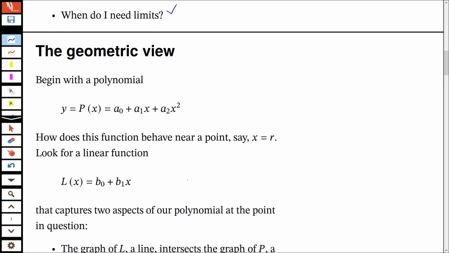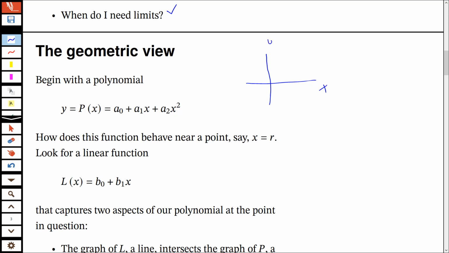So the focus of this video will be the geometric view rather than the limits view. I will start with a very humble polynomial, a quadratic polynomial. You can choose these coefficients to be anything you like. And we must distinguish: this x typically is the independent variable. When you have a function such as this polynomial and you plot it, you get a graph.